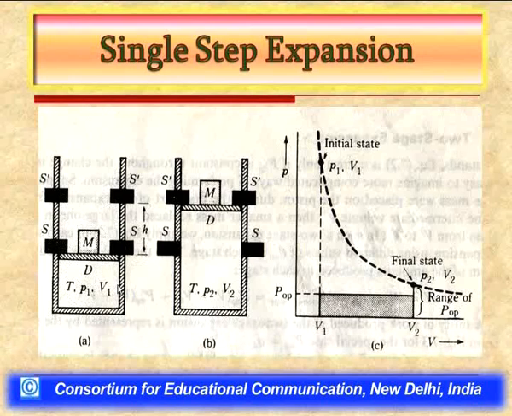For consideration of this, let us say that there is a set of stops S, these black stoppers provided in figure A. These are a set of stoppers which keep the position of the piston intact. And now suppose we release these stoppers S, what will happen? The position of the piston may alter depending upon the pressure exerted externally on the system and the internal pressure of the gas.